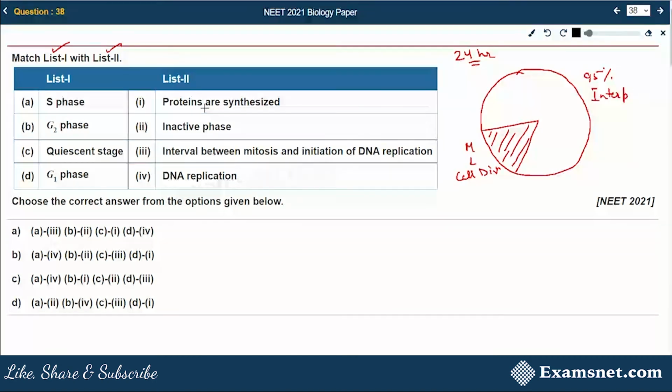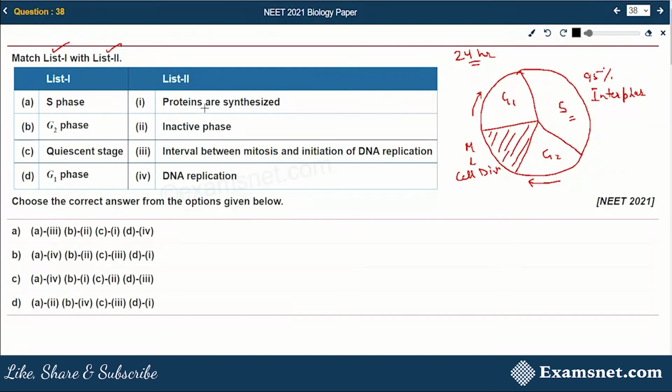What is interphase? It is the phase between two successive M phases, right? Now this interphase is further divided into three phases. First one is G1 or gap 1 phase, second one is S phase or synthesis phase, and third one is G2 or gap 2 phase.